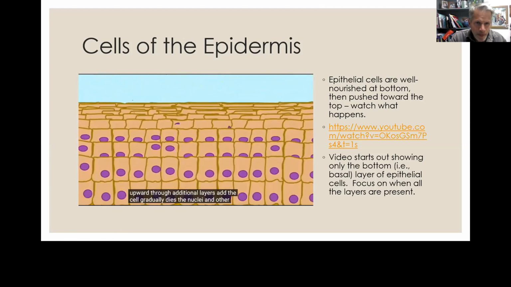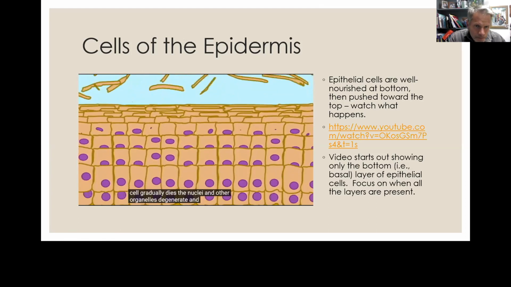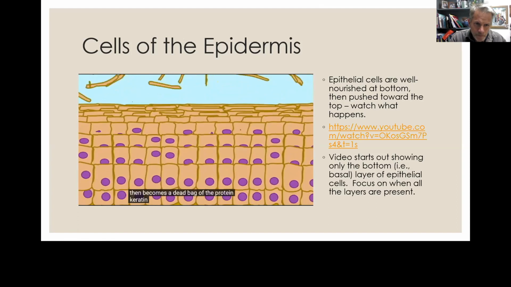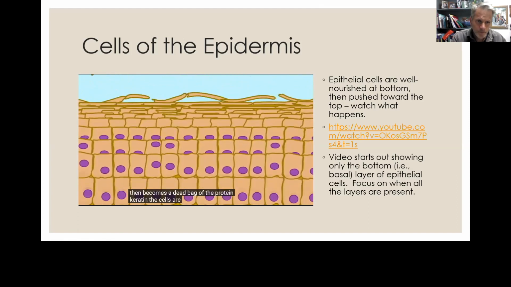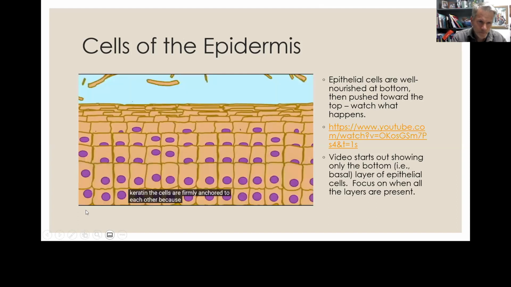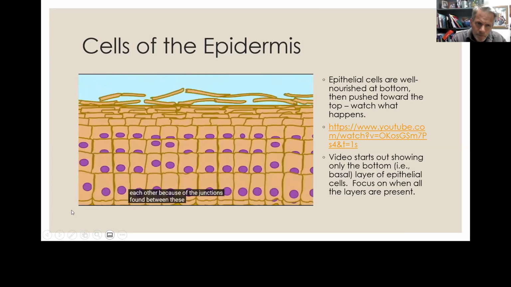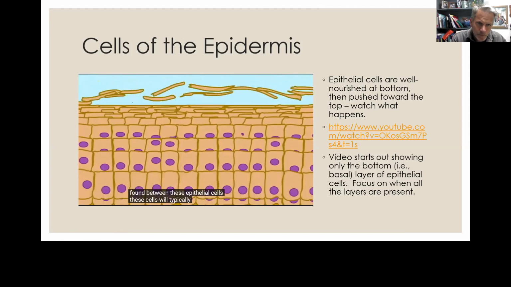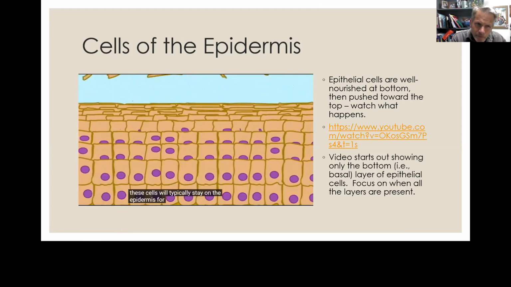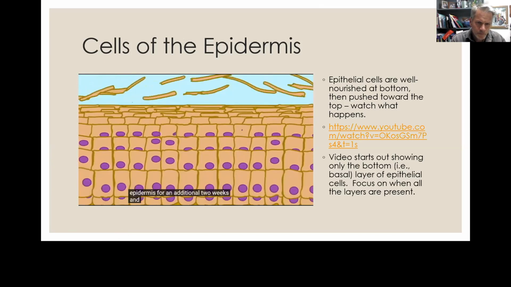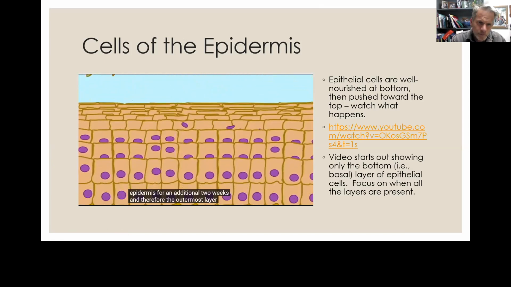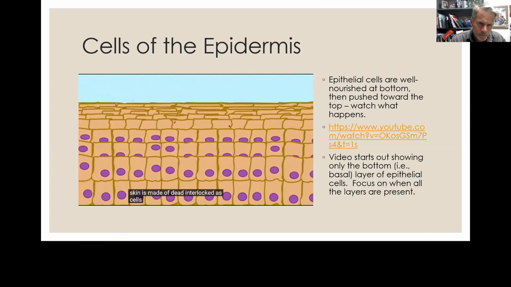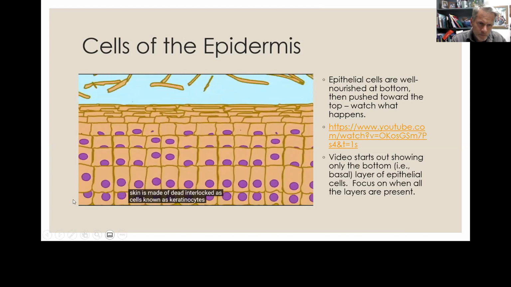The nuclei and other organelles degenerate, and so the cell then becomes a dead bag of the protein keratin. The cells are firmly anchored to each other because of the junctions found between these epithelial cells. These cells will typically stay on the epidermis for an additional 2 weeks, and therefore the outermost layer of our skin is made of dead interlocked cells known as keratinocytes.